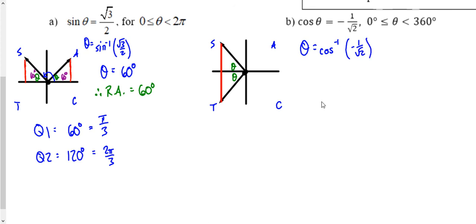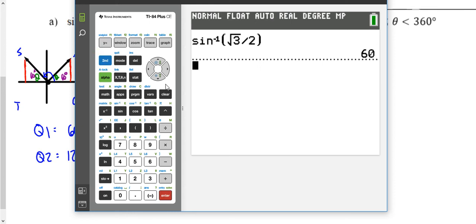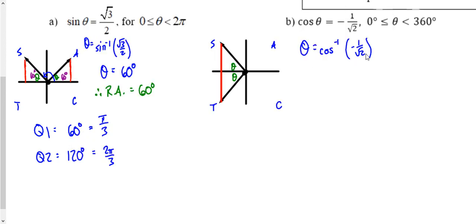And going straight to my calculator again, if I do the inverse of cos negative 1 divided by root 2, there we go. I get 135 degrees.